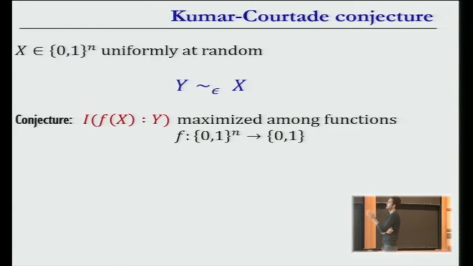Okay, I think there's a lot of things that one could hope to do. Here's a very nice information theoretic question, which I'll end the talk with, of Kumar and Courtade.